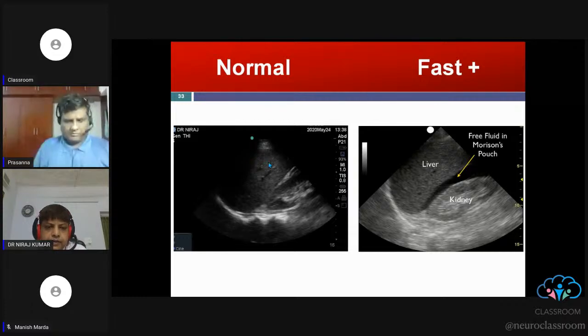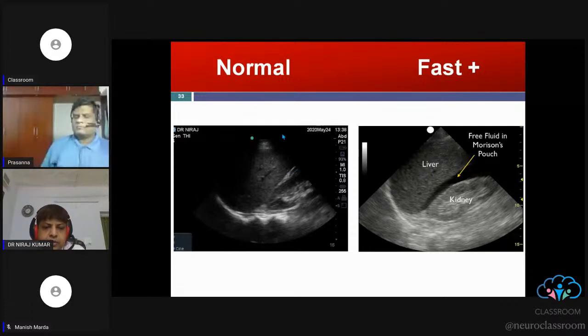In the lower part of the screen, this structure is the kidney. The kidney is a dual contrast structure. In the inner portion there is the medulla, which is hyperechoic. In the outer portion there is the cortex, which gives a hypoechoic appearance. This is the characteristic appearance of the kidney. So the diaphragm, the liver and kidney, and this space between them is called the hepatorenal space, also called Morrison's pouch.